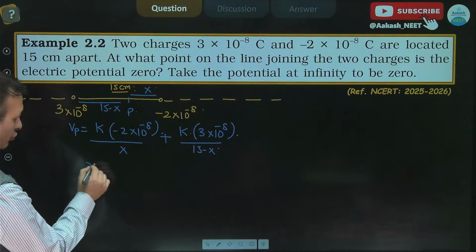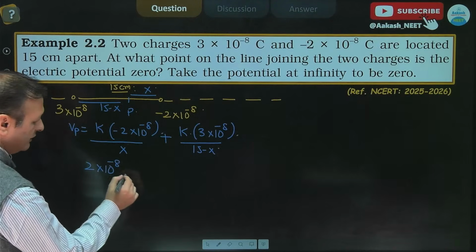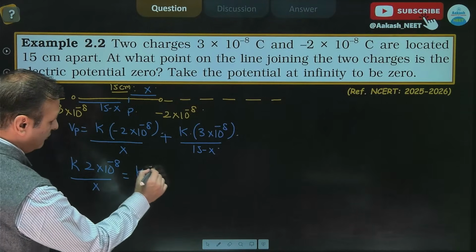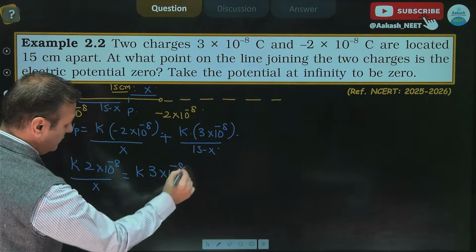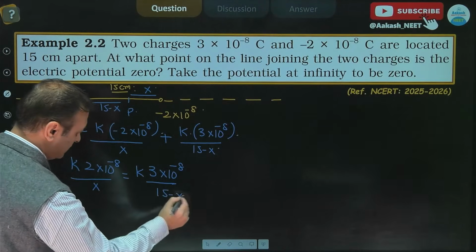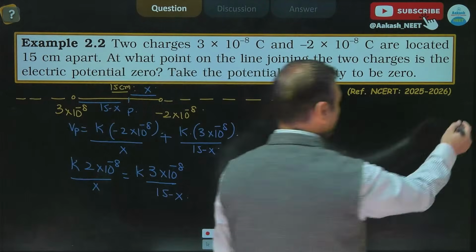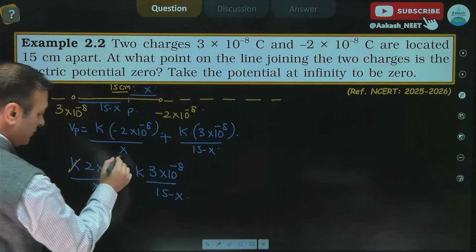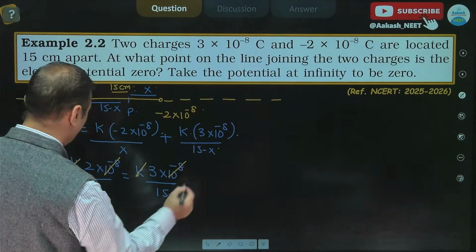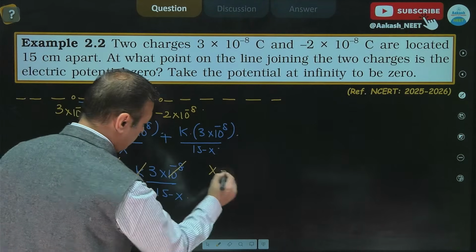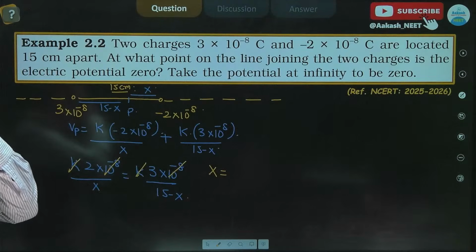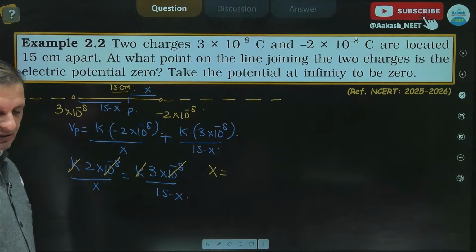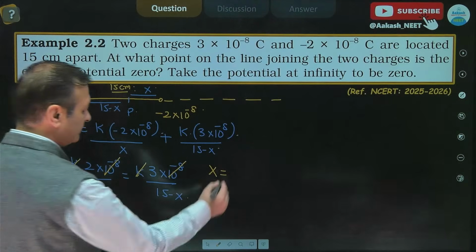So it means 2 into 10 to the power minus 8 K by x is equal to K times 3 into 10 to the power minus 8 by 15 minus x. What do you do? You simply find the value of x. So this K and this 10 to the power minus 8 go from both sides. Can you give me the value of x? So this x comes out to be 6.